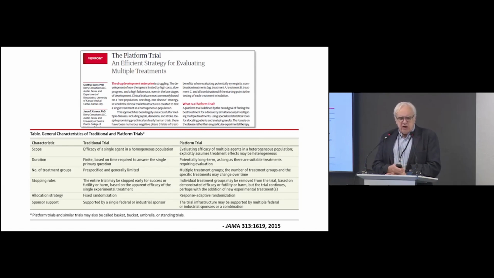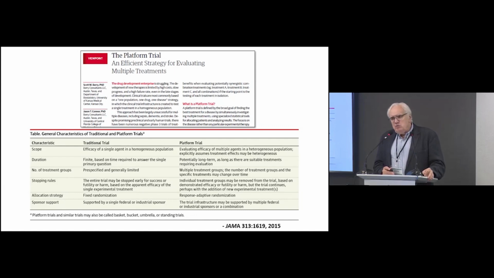A traditional trial, single agent, platform trial, multiple agents in a heterogeneous population. Duration of a simple trial is till the sample size is recruited. In a platform trial, it's potentially perpetual. It can go on forever. And this is one of the huge challenges, is how do you fund something like this? It doesn't fit with the classical funding models we have. Multiple treatment groups in a platform trial. Stopping rules are actually specified for the individual domains.